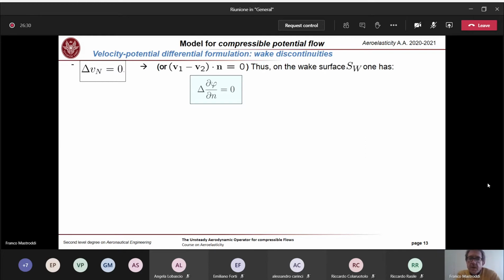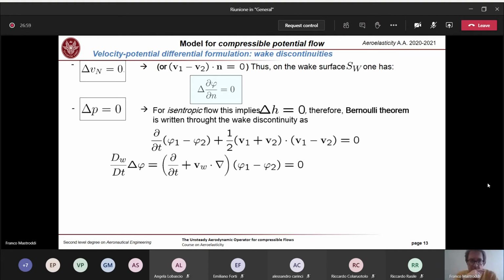And following the same kind of consideration we had for the incompressible flow, and you did this consideration also in the gas dynamics course, we have that the first consequence is we don't have a jump on the discontinuity in terms of the vertical component of the velocity.